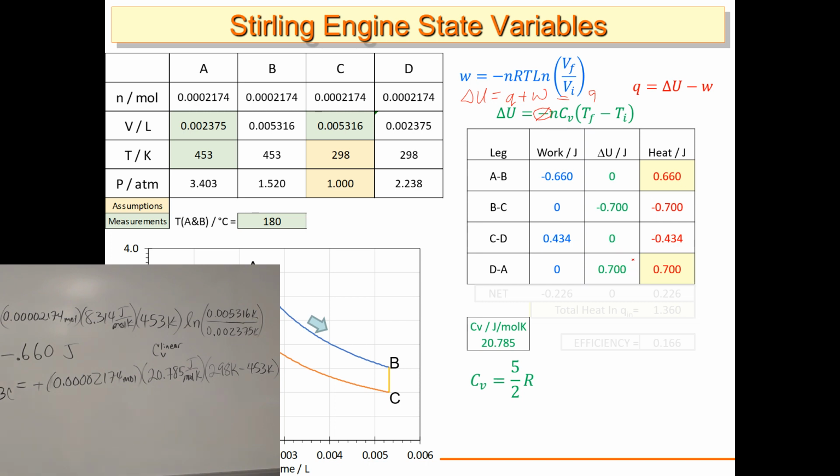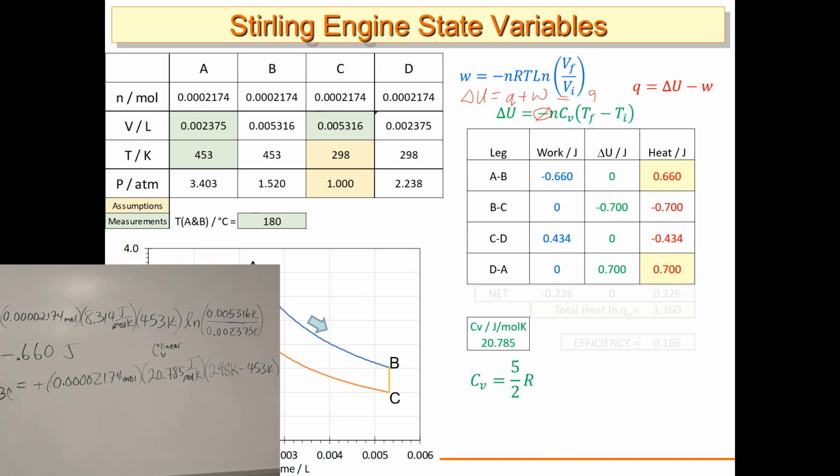No, just the row of the delta U. You see how BC is the negative of DA? Yes. You went down in temperature, so that would be the negative 0.7, and you went back up in temperature, it would be the same magnitude, different sign. Okay. Yeah, because the only thing that delta U depends upon is temperature. Yeah.